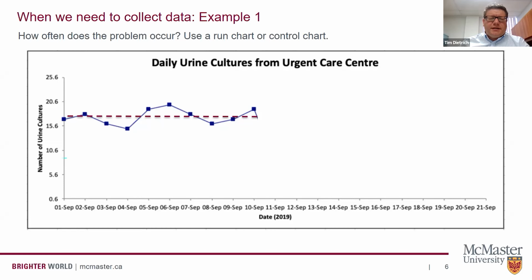And there's only 10 days worth of data here, but quite quickly you can see how limited there is in terms of the amount of variability. It really bounces somewhere between 14 and 20 daily cultures. And so this is going to help us also in the third step when we're trying to see whether a change we made resulted in an improvement. But this essentially sets our baseline for a problem and helps us know how often it's occurring.